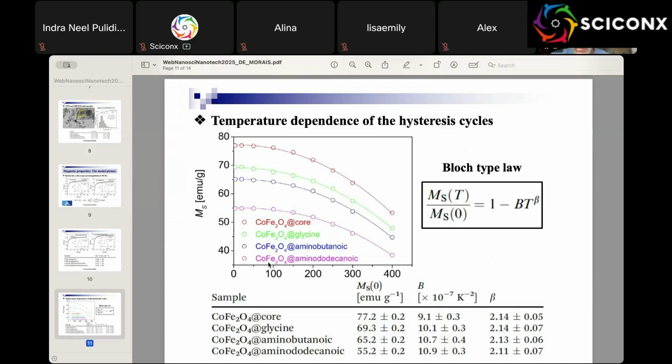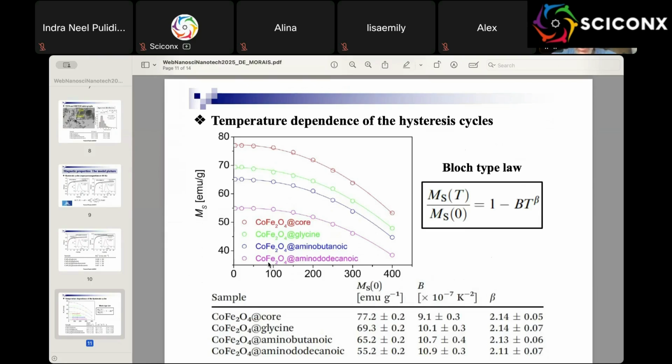So also we collect the prefactor B and the exponent beta. It's very important to emphasize that the exponent beta is about the same for all samples. It is the same within the standard deviation of the parameter.